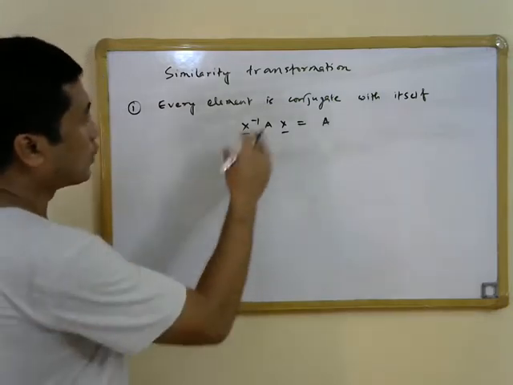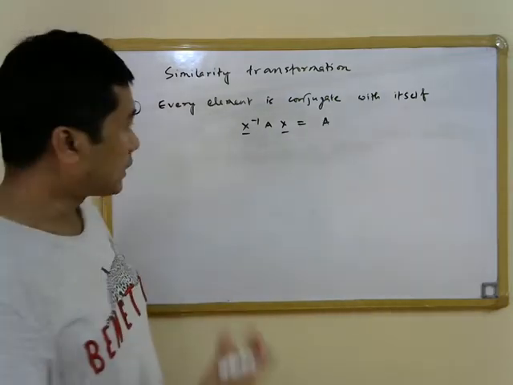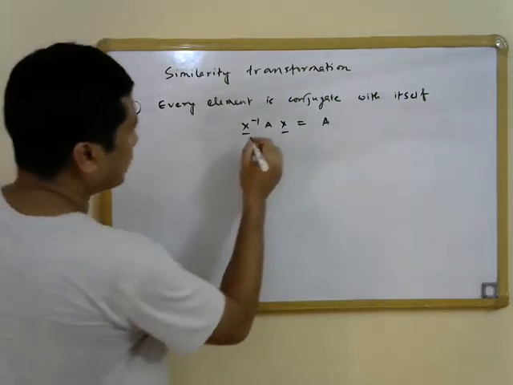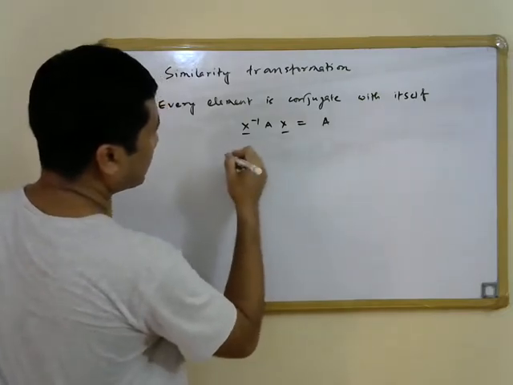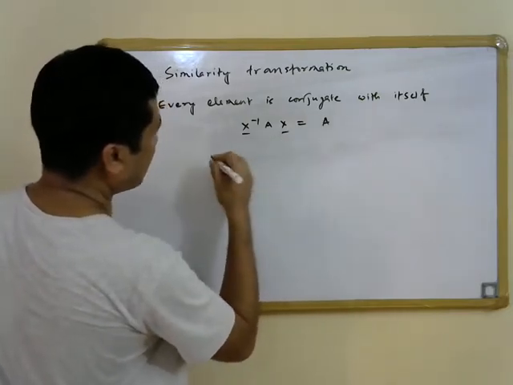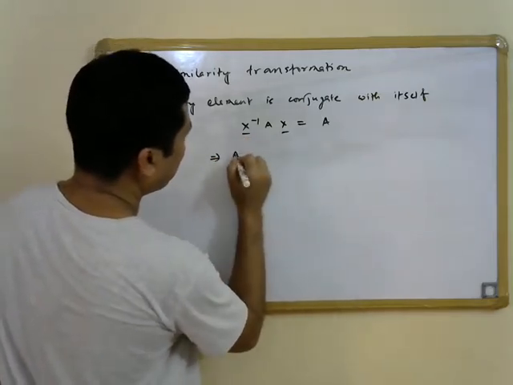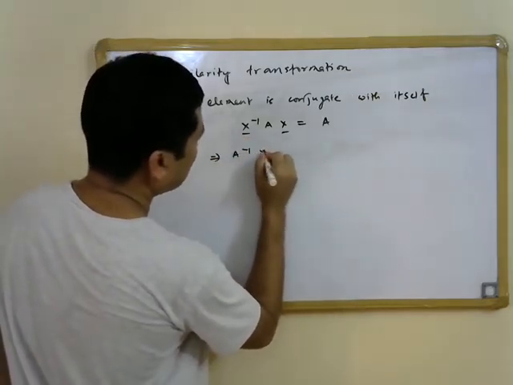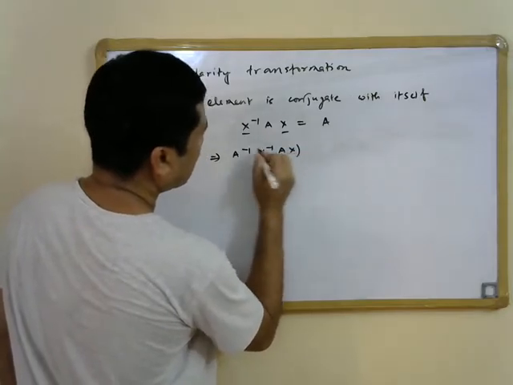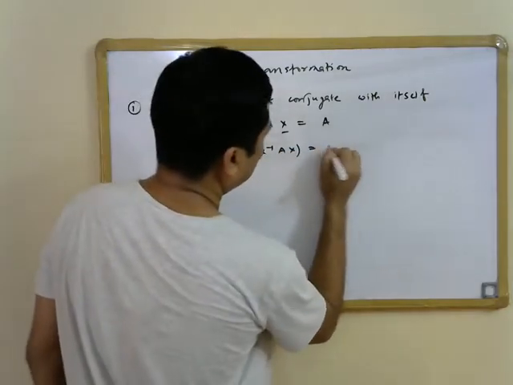In order to prove this, or to find such elements, we will take this expression and left multiply it by A inverse on both sides of the equation. We will multiply with A inverse on this side as well.